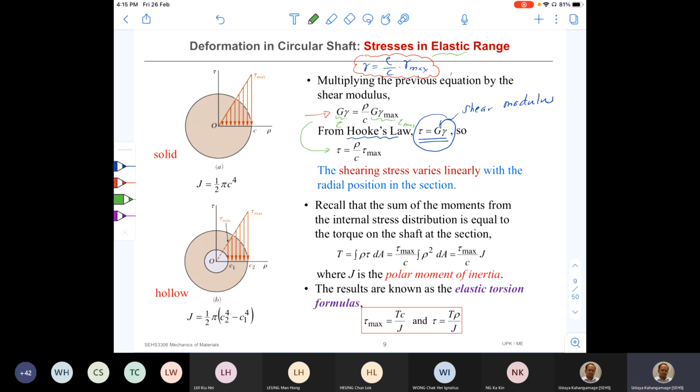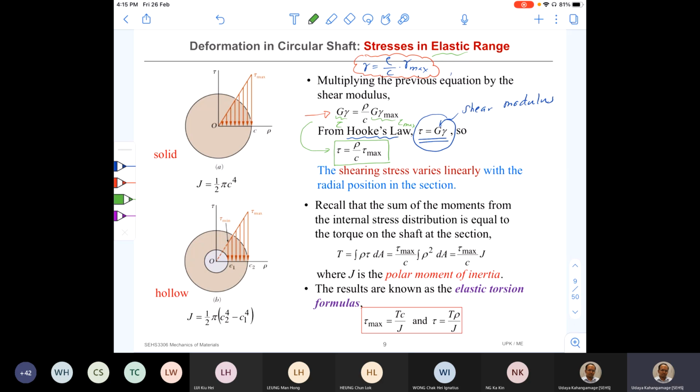We get a relationship for the shear stress. Previously we found that shear strain is linearly distributed in the cross section, and now because of Hooke's law, we can see that shear stress is also linearly distributed.